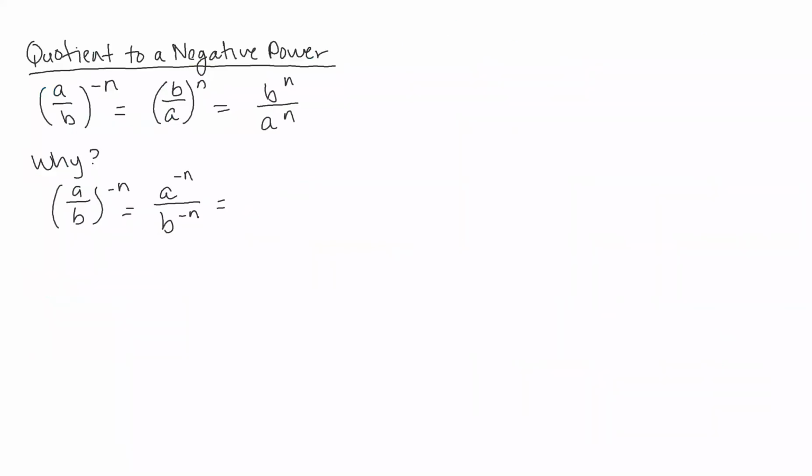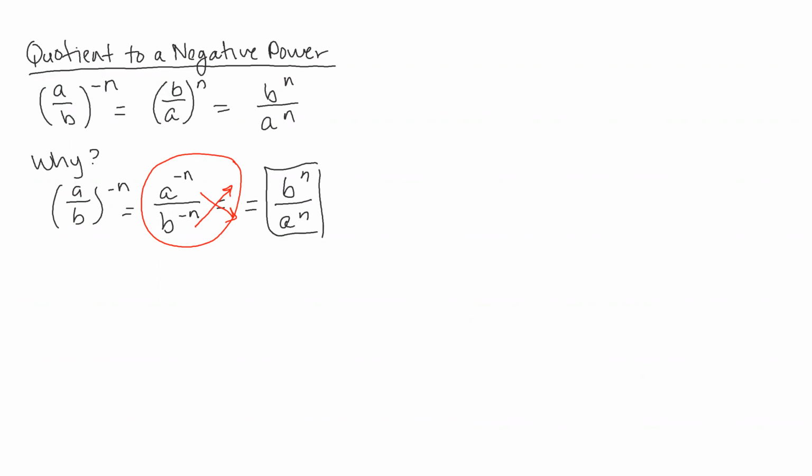So a to the negative n is going to go to the denominator. B to the negative n is going to go to the numerator. So we end up getting b to the n over a to the n, okay? But you can skip all of this. You can skip this process and just jump straight to the fact that your quotient's going to flip upside down, and that's going to make your exponent positive, okay?